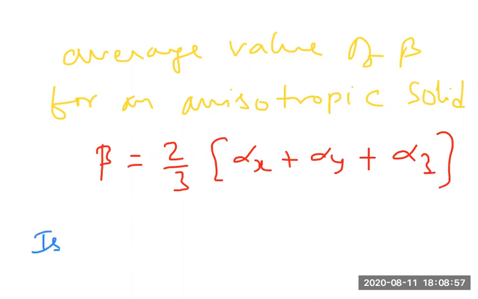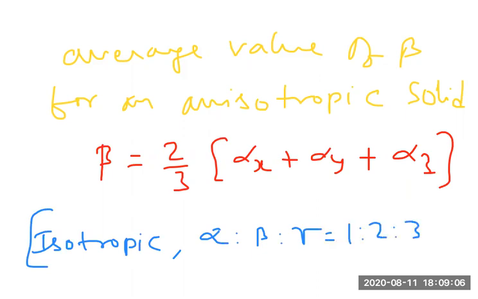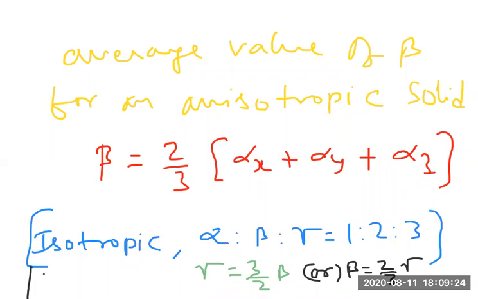Because in isotropic, what we discussed in our last class, there we have alpha is to beta is to gamma equal to 1 is to 2 is to 3. There we told that gamma equal to 3 by 2 beta, or beta is 2 by 3 gamma. This is the information we got from earlier topics.